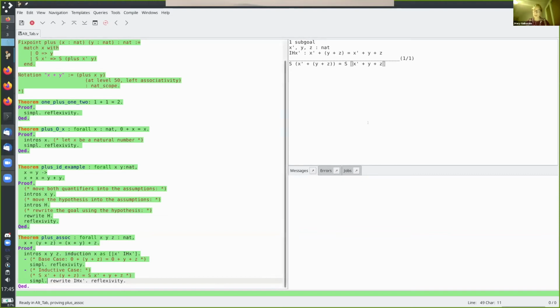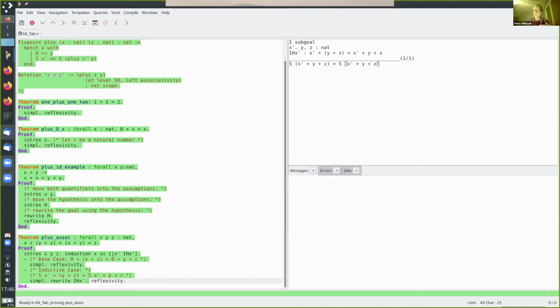All right, well, as I showed in the informal proof, we have something now in our goal where we can see there's a left-hand side and a right-hand side that looks similar to what we have in our inductive hypothesis. So if we take this x prime plus bracket y plus z term and rewrite it in terms of the inductive hypothesis, we'll have the same thing on the left-hand side and the right-hand side, and we can complete our proof. And that's exactly how we're going to proceed. We're going to call rewrite using the inductive hypothesis, IHx prime. So let's do that.